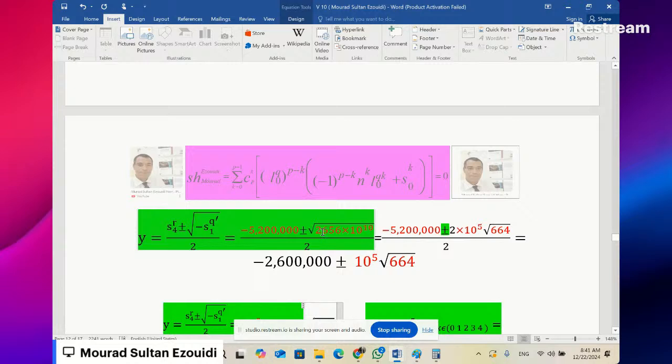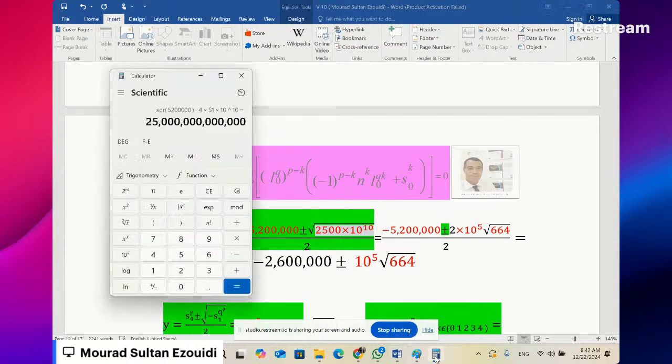Total 2,500, 10 raised to... Now 2,500 is a number multiplied by 4. I will bring out the 2. Sorry, 2,500, because 10 raised to the power 5, squared.